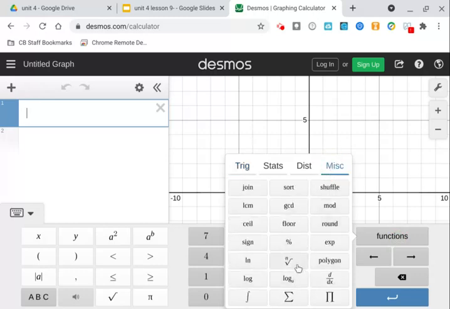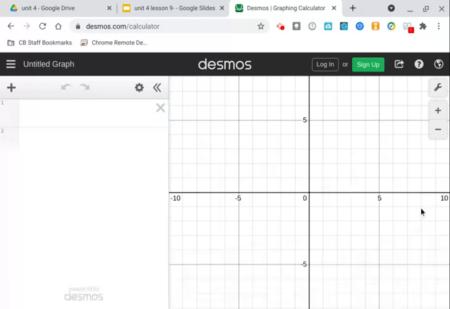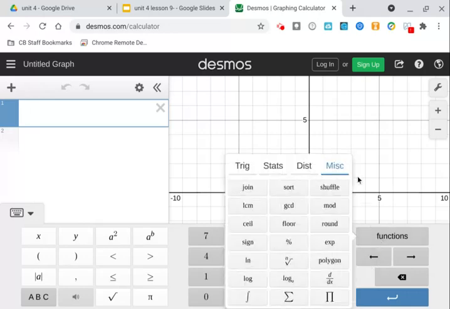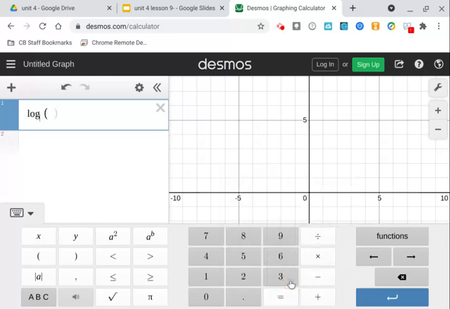And you'll see down here where it says log base A. So again, if you missed that, on Desmos, you show the keypad, go to functions, go to miscellaneous, and choose this one down here where it says log base A.